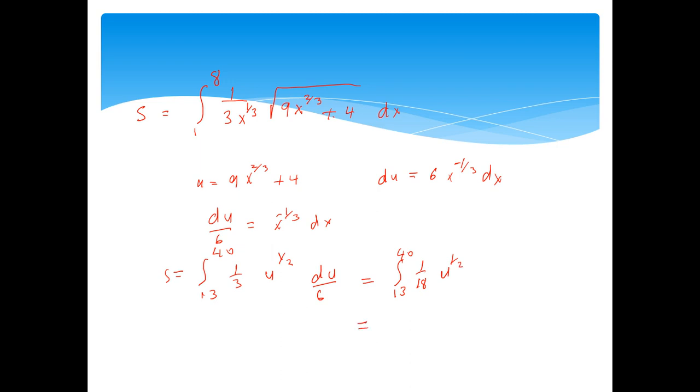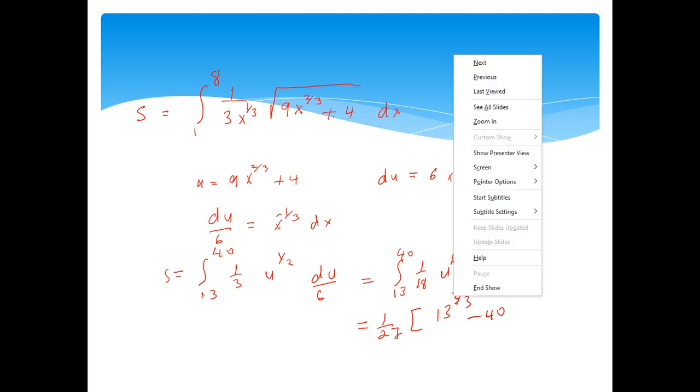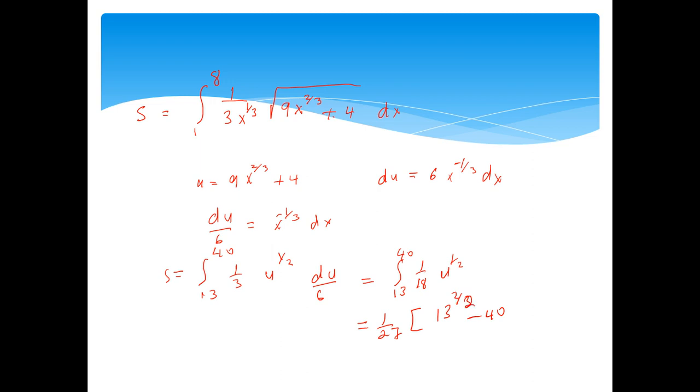That gives you 1/27 times 40 raised to power 3/2 minus 13 raised to power 3/2. That should be the answer.